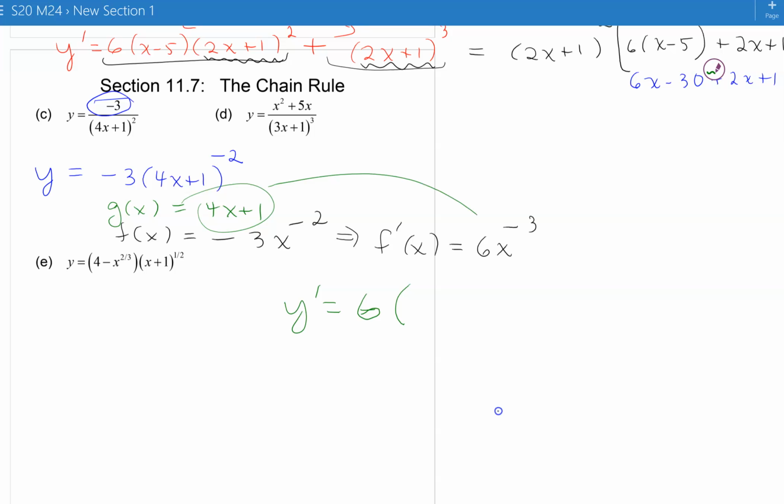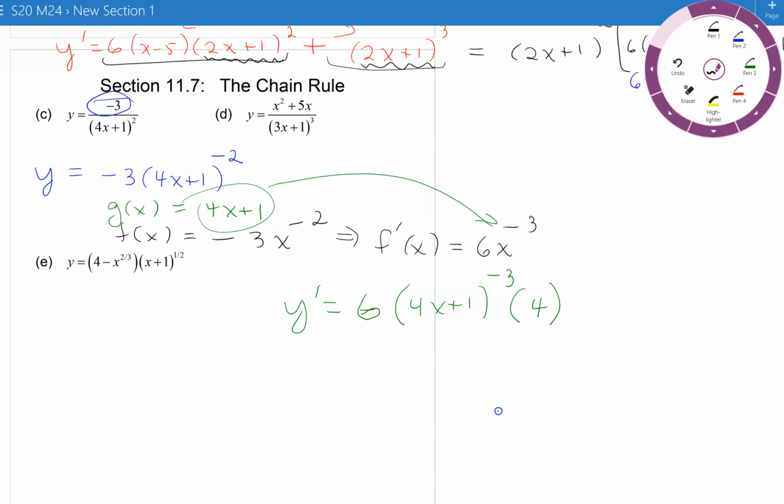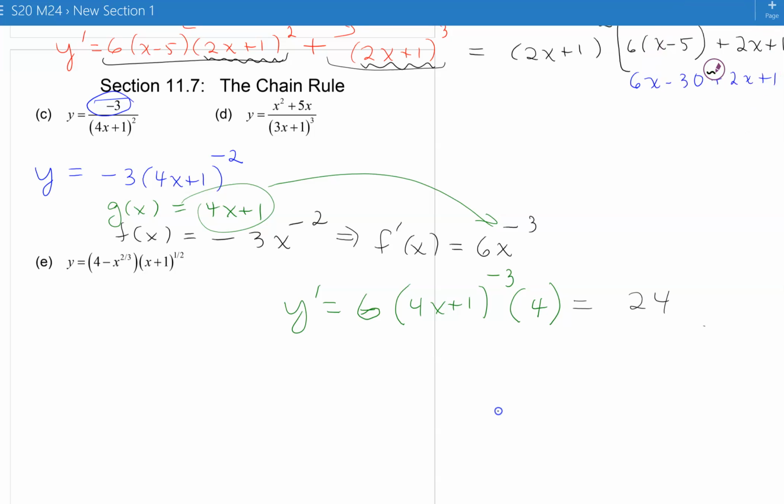Put the g function in the f prime, 4x plus 1 to the -3, times the derivative of the g function, which is 4. So your final answer with no negative exponent in it is going to be 24 over 4x plus 1 quantity cubed. Okay, so that was C.